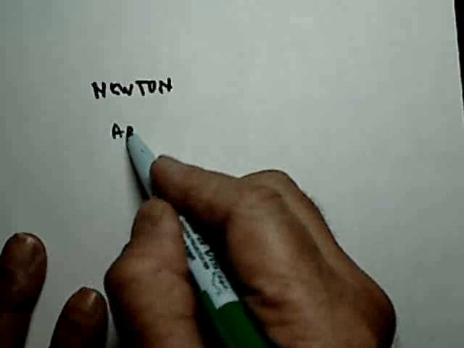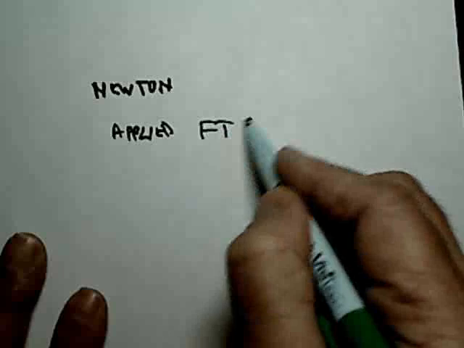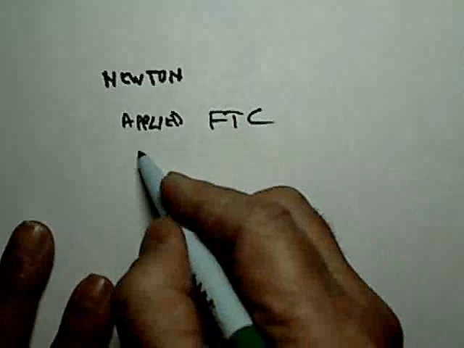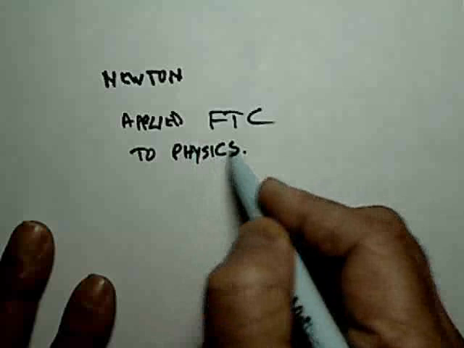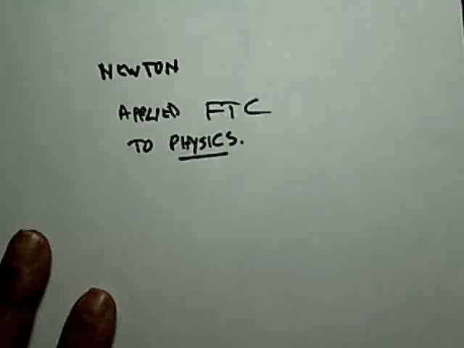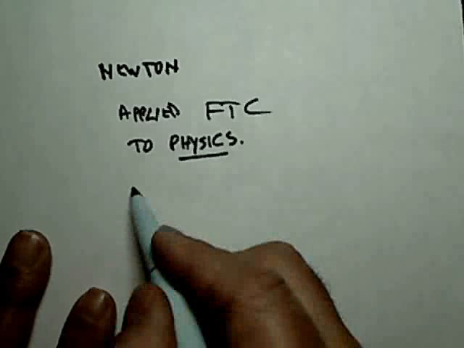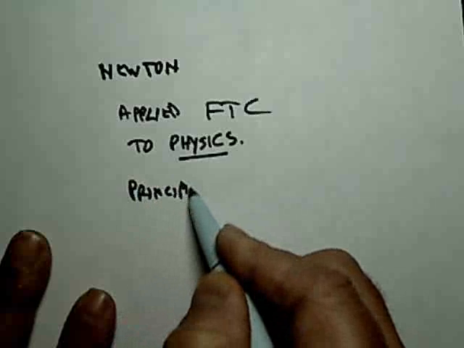But Newton applied this wonderful fundamental theorem of calculus, FTC I'll call it, to create modern physics as we know it today, at least for most engineering applications. It's called Newtonian physics. And he wrote a book called Principia Mathematica.